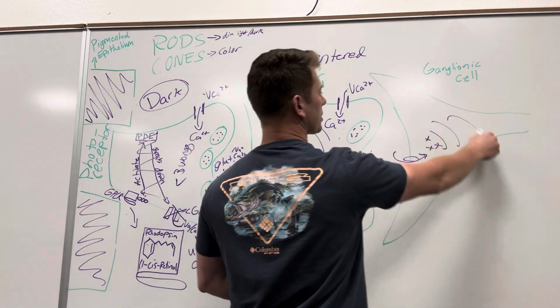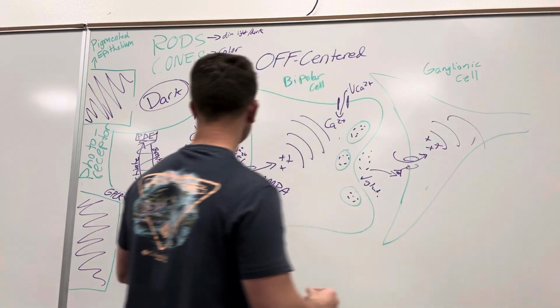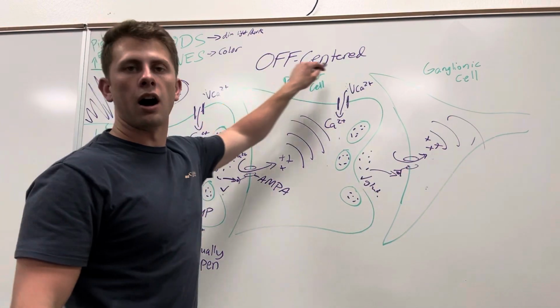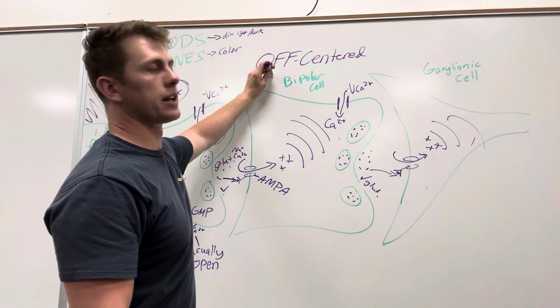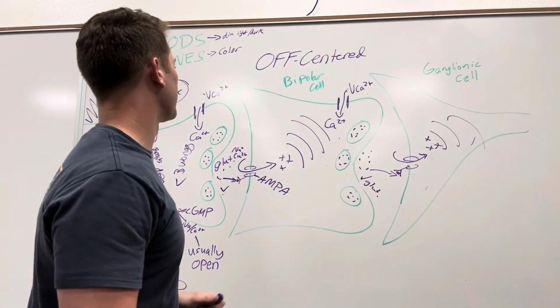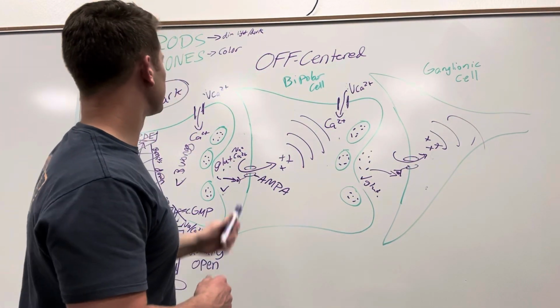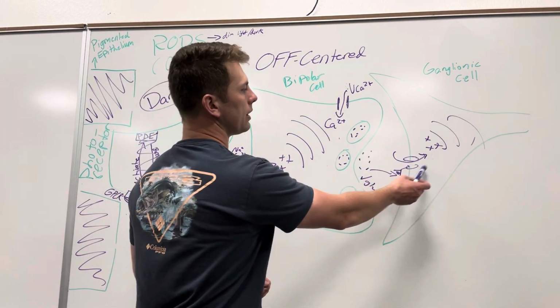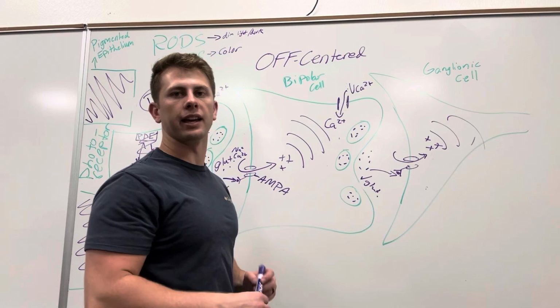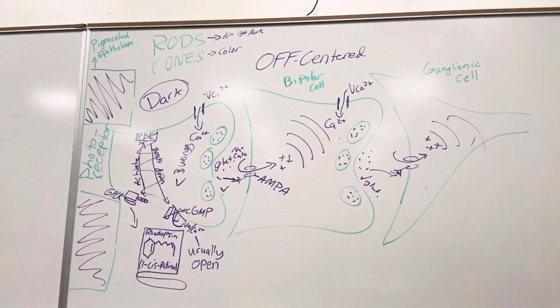We'll create an action potential. So on off-centered, dark likes off-centered, basically. I don't know how else to really explain that. And so, when there's dark on an off-centered bipolar cell, we will see an action potential at the ganglion cell.